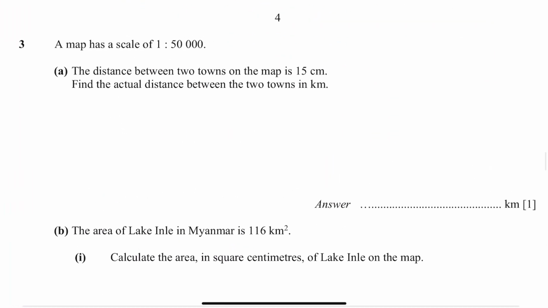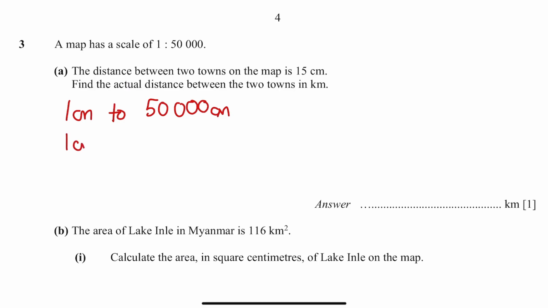Okay, let's now look at question number 3. Question number 3 here. I'm given this scale over here. Remember, a scale written like this in ratio means that the units are the same. So this means that 1 cm is to 50,000 cm. So let's now work out the scale, convert it to km. I convert it step by step.